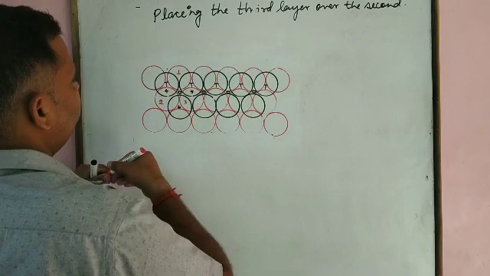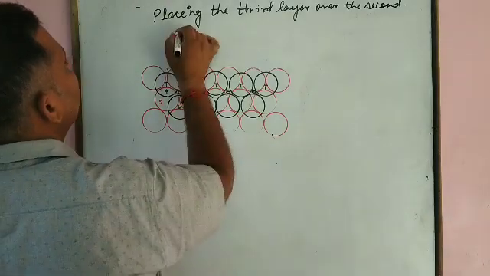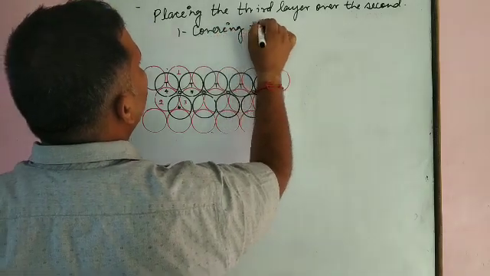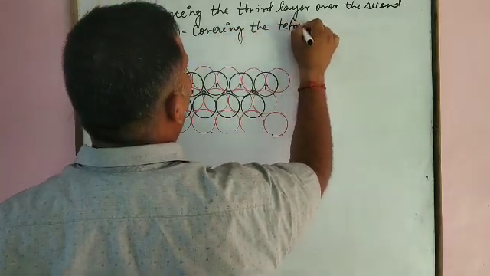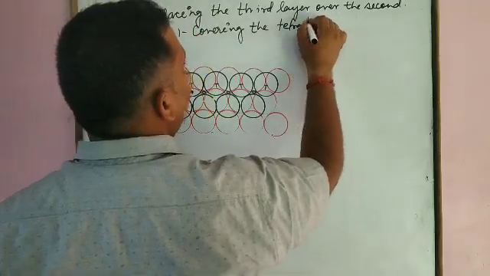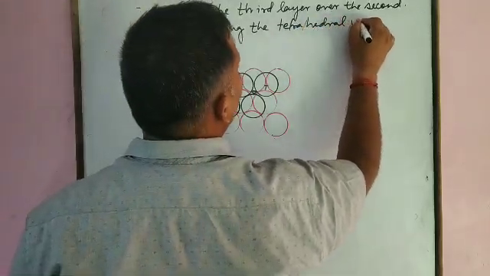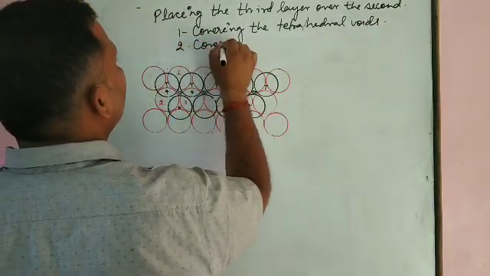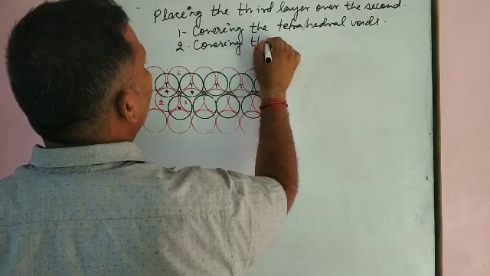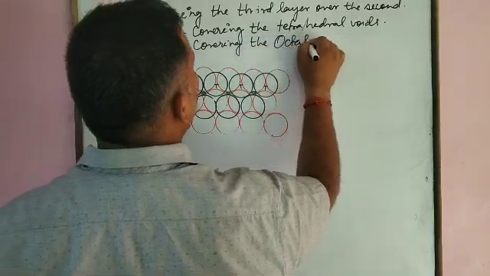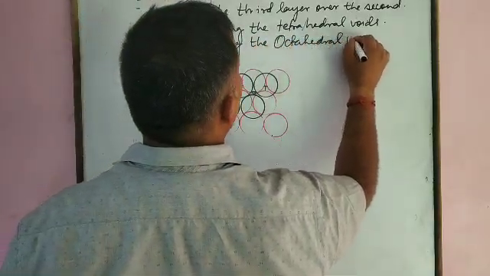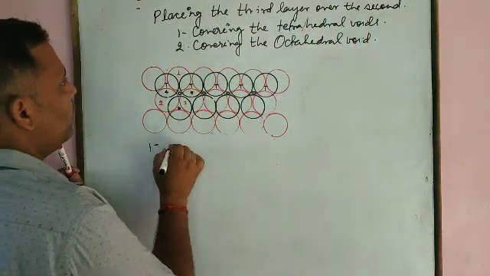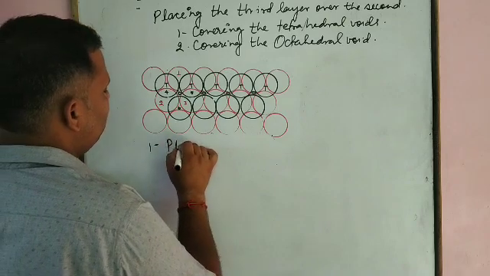The first one is covering the tetrahedral voids. The next one is covering the octahedral voids.